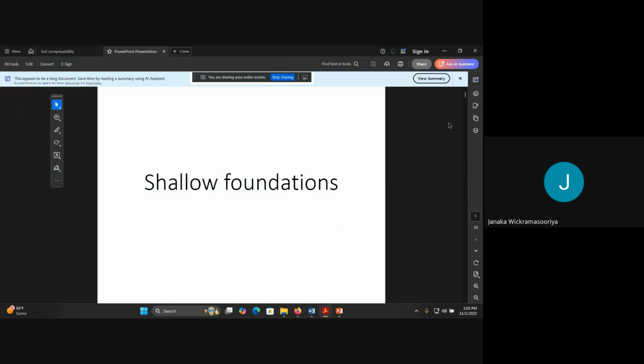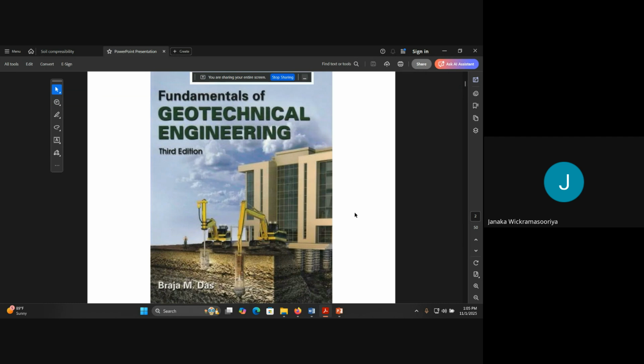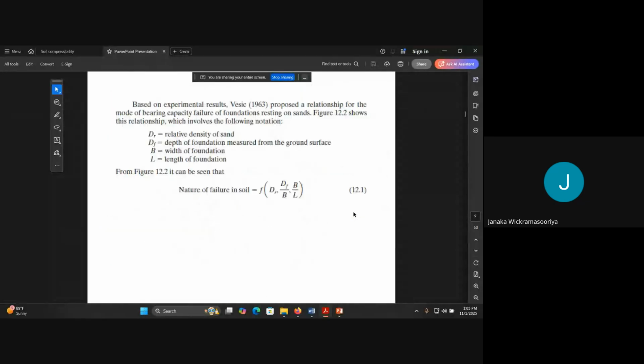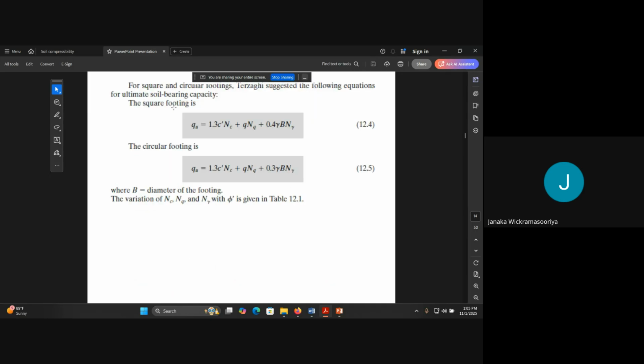I think in the previous week, what we discussed was about the shallow foundations, and this was the book that I was referring. We discussed the ultimate bearing capacity of the soil, and this would be the equation for the strip foundation, and for the square foundation this would be the equation, and the circular foundation this would be the equation.